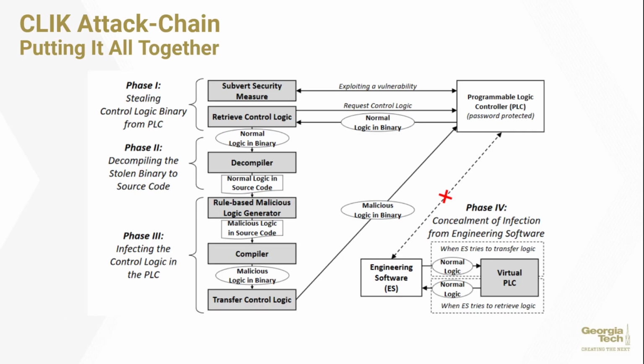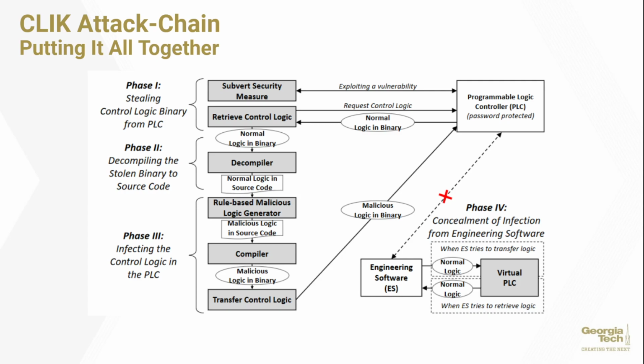So putting it all together, it comes down to 4 phases, where phase 1 is stealing the control logic from the PLC in its binary format. In phase 2, it decompiles the stolen binary into more manipulatable source code.